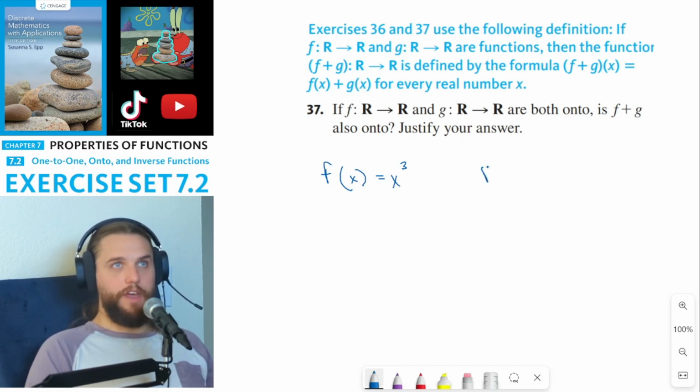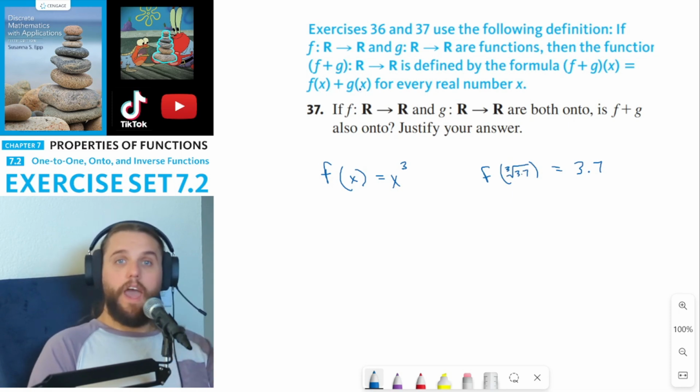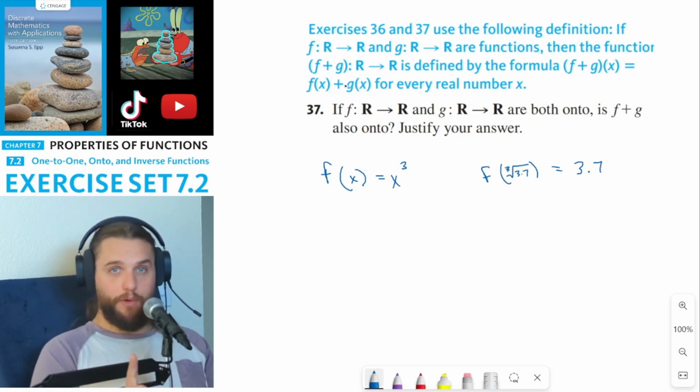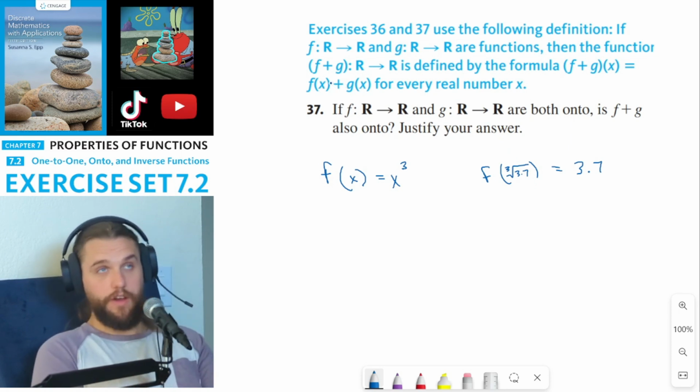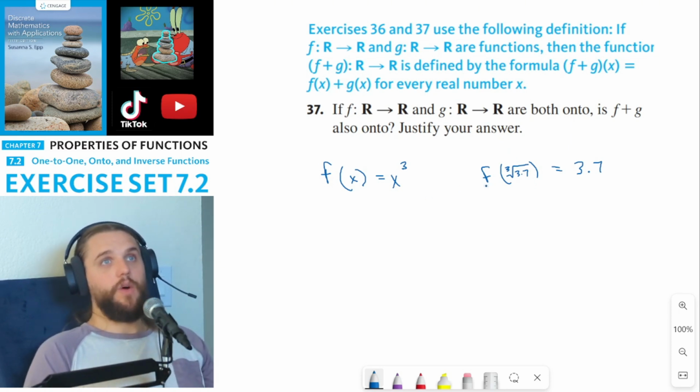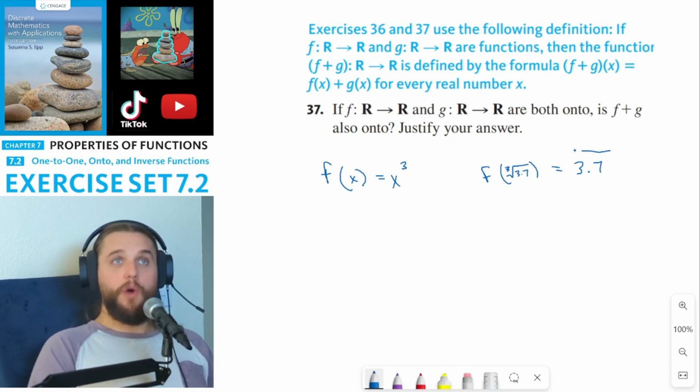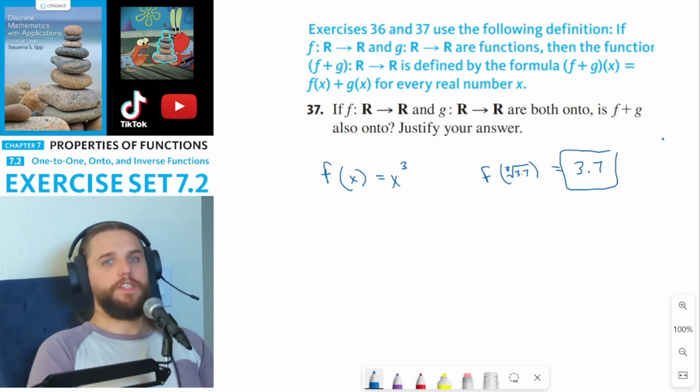So for example, if I wanted to get the output 3.7, we can simply plug in the cube root of 3.7, and the cube and cube root operations undo each other, so f of the cube root of 3.7 is exactly 3.7. The point here is that it didn't matter what this number was.